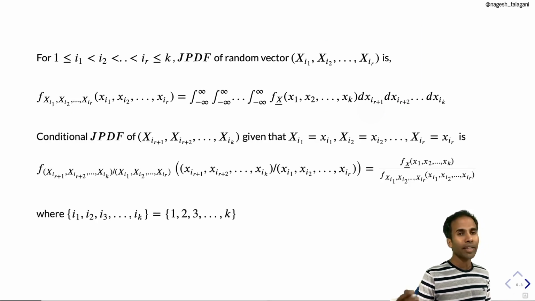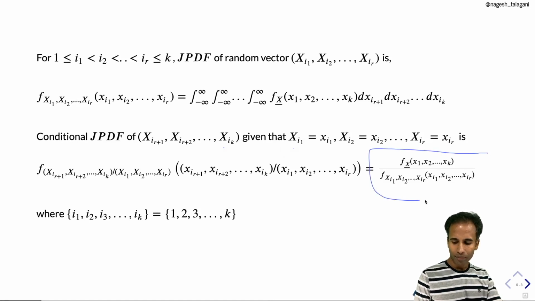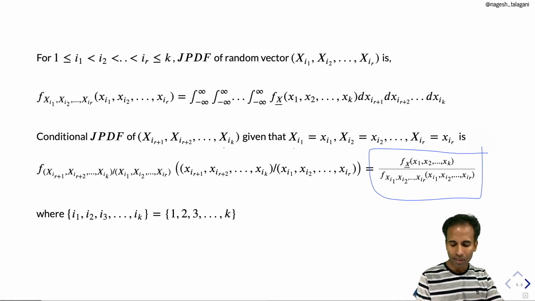Similarly, we can talk about the conditional PDF of xir plus 1, xir plus 2, ..., xik, given that xi1, xi2, ..., xir. This is defined like this, which is a generalization of what we know in the bivariate case, that is, the conditional PDF of x given y. How did we define this?